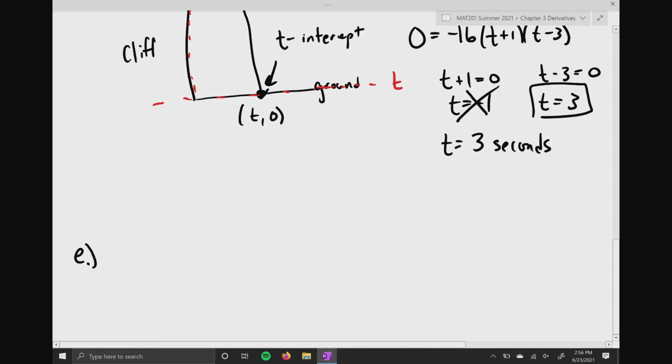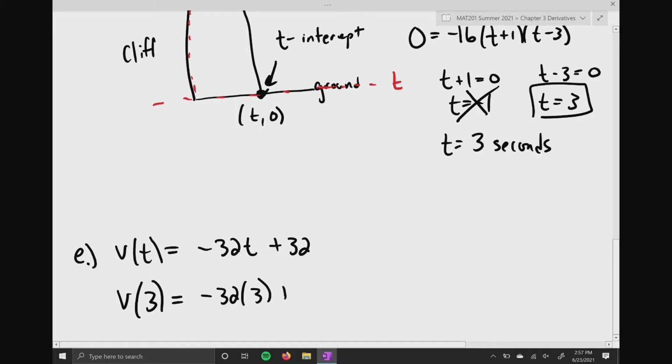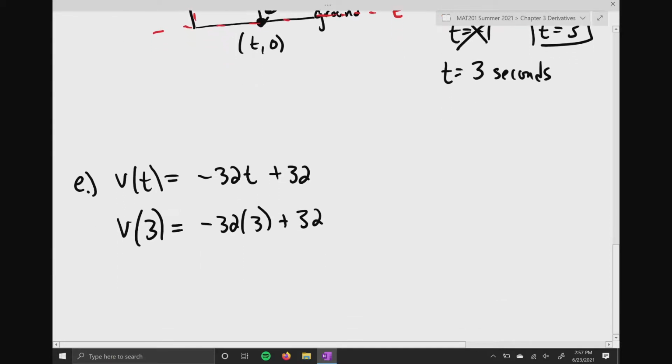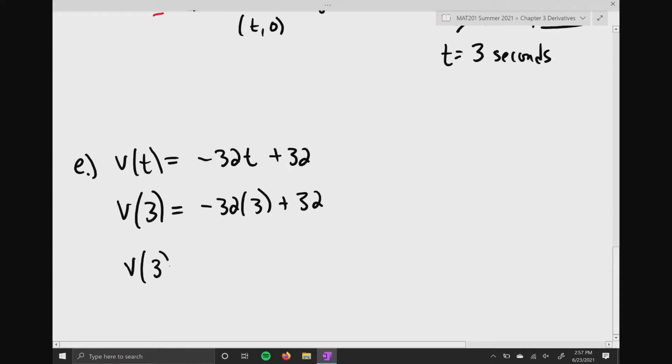We also know that the velocity of the object is the first derivative, and that equals negative 32t plus 32. So all we have to do is evaluate the velocity at 3 seconds. So the velocity at 3 seconds is going to be negative 32 times 3 plus 32, which means my velocity is going to be negative 64 feet per second.